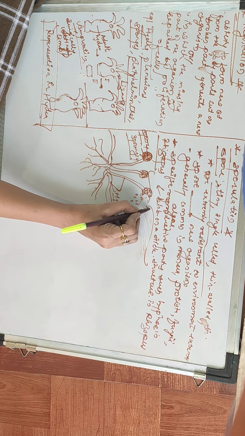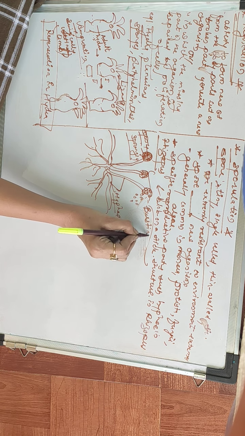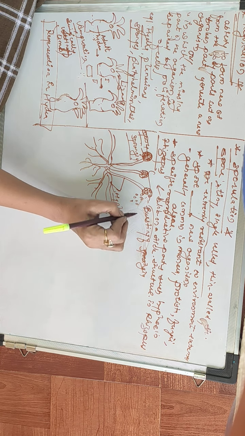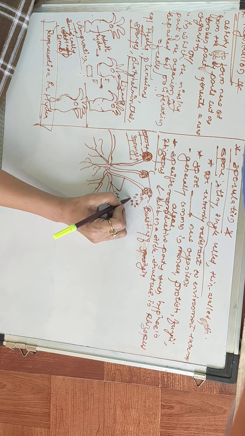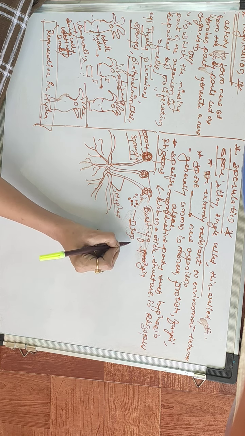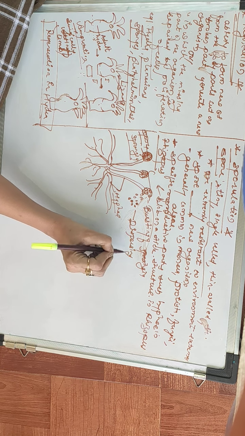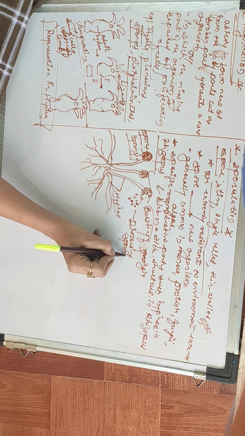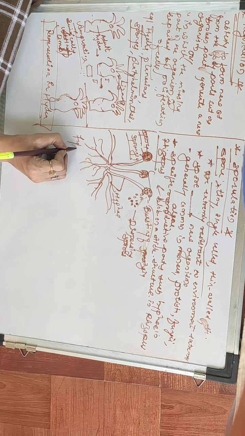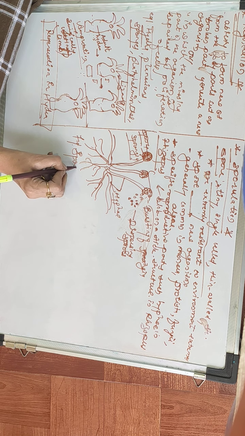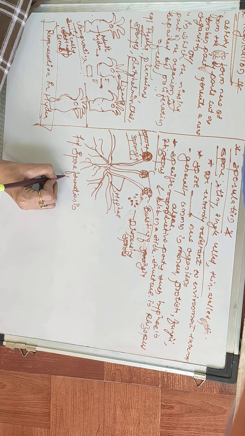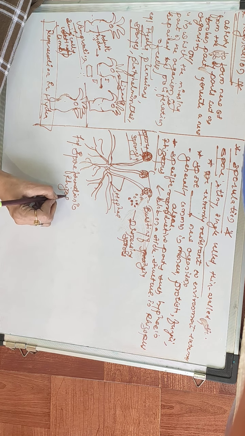So I get a bursting of the sporangia, and you can see so many small tiny structures dispersed. This is called dispersing spores, and this structure is known as spore formation in Rhizopus.